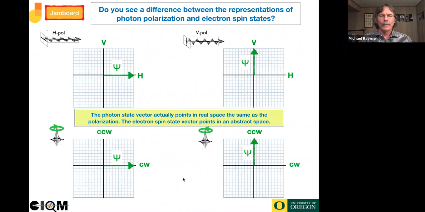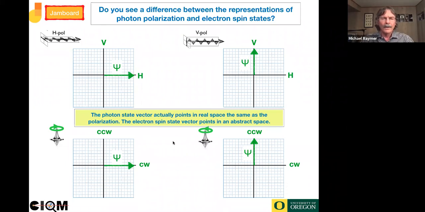Okay. So the photon state actually points in real space the same as the polarization, whereas the electron spin state vector points in what I'm calling an abstract space.